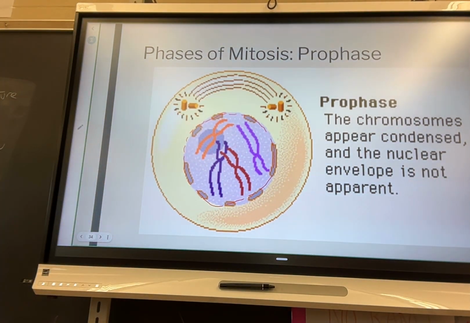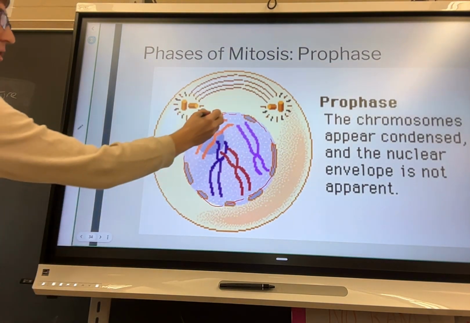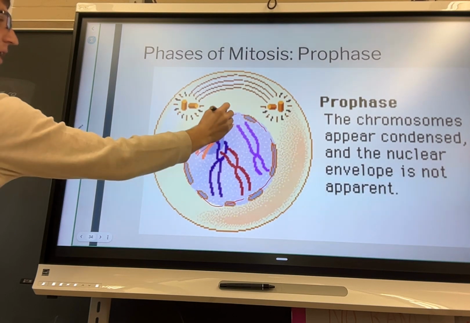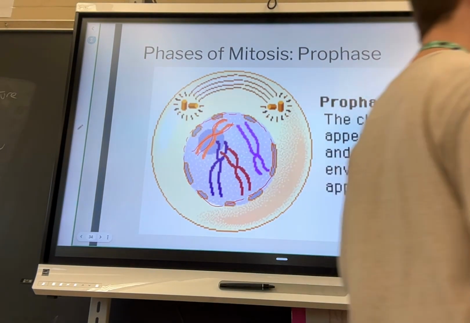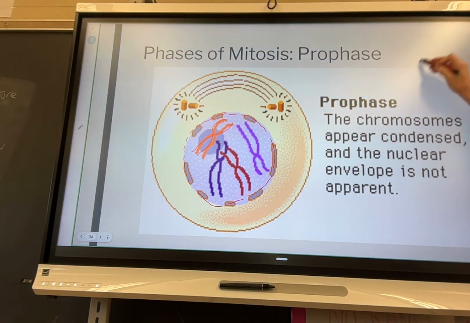It's starting to kind of dissolve. The other thing to note is that your chromosomes are starting to form. They are appearing condensed. If we saw a cell that has a big dark nucleus, that will be interphase.